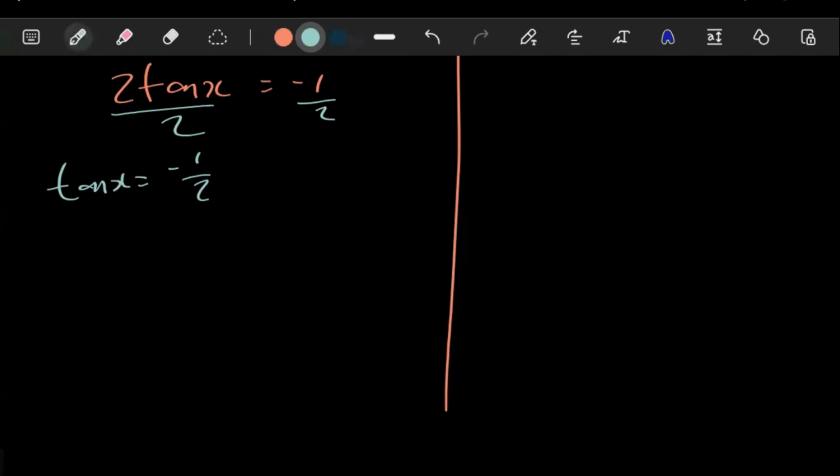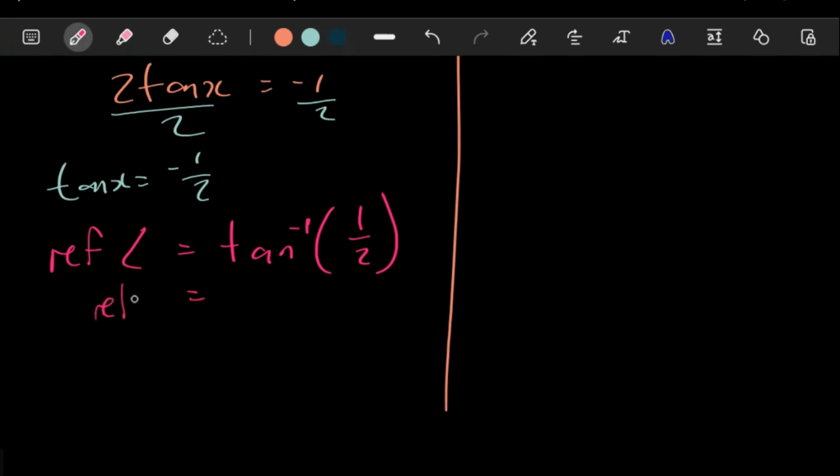You get it from shift tan, but you always have to use a positive value. Whenever you get a reference angle, you have to use a positive value. So shift tan with a positive half is going to give you a reference angle of 26.57.